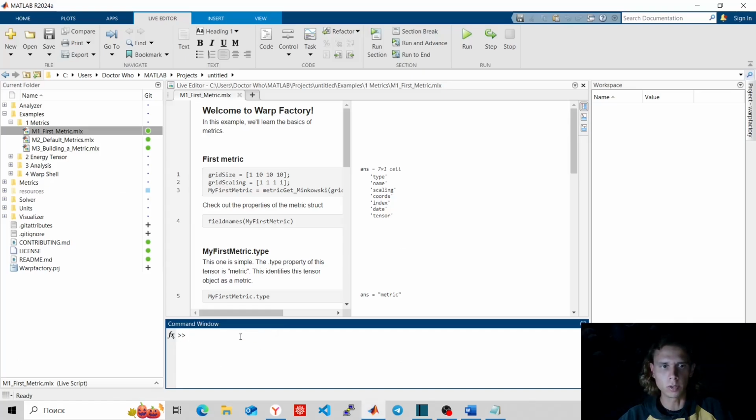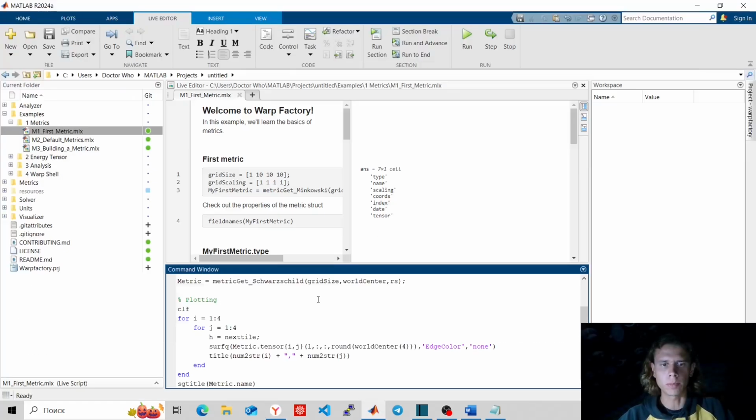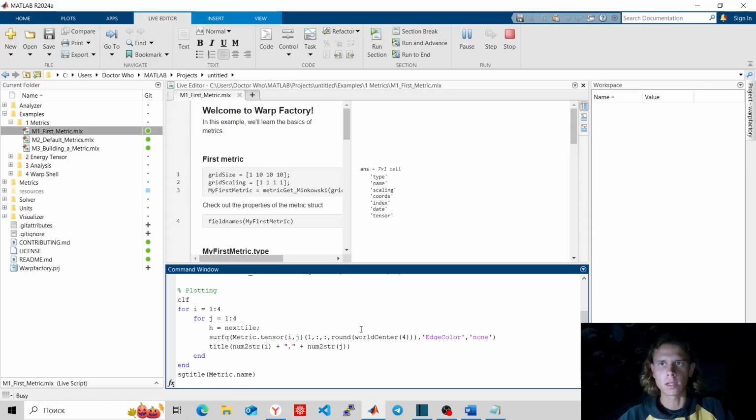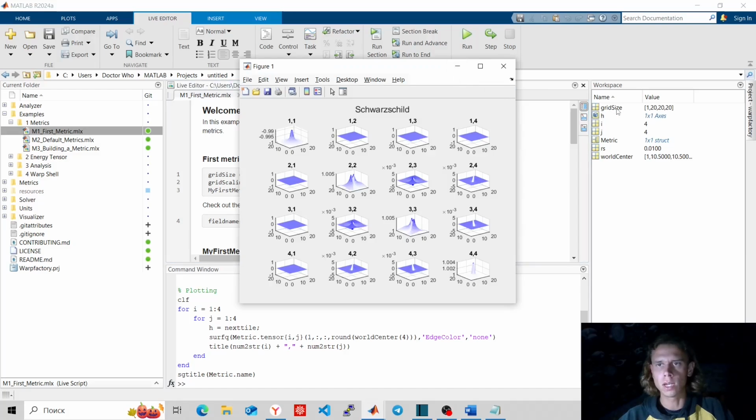In the command window, I copied all of this script, I paste it right here, I click enter. Right now it does computations. You see it initialized my metric RS. I see right here my parameters.